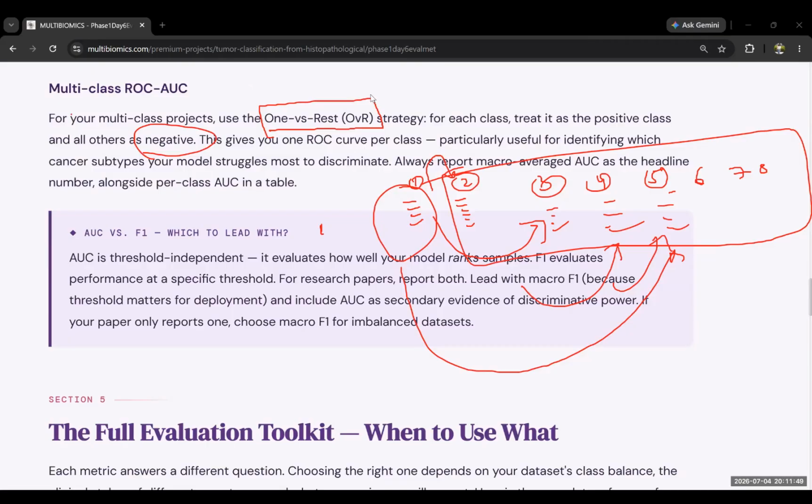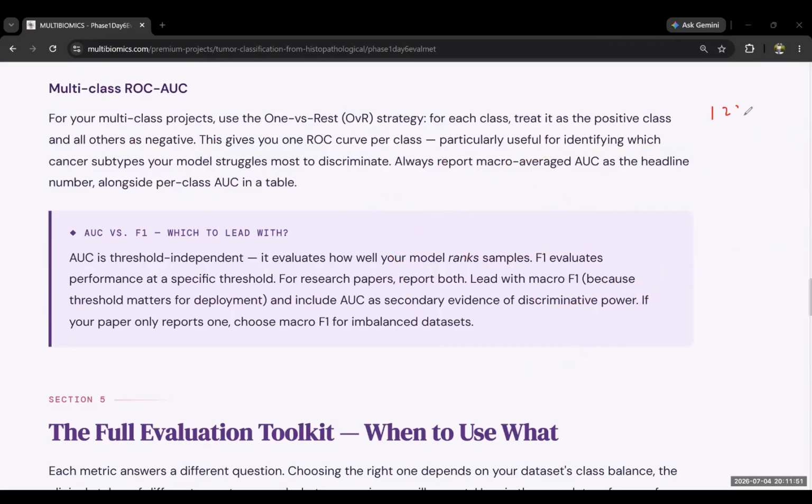It is a normal thing, right? You have 8 classes, 1 to 8. This patch of image should not be going to any of the rest of the classes. So with the one versus rest strategy, for each class, treat it as the positive class.